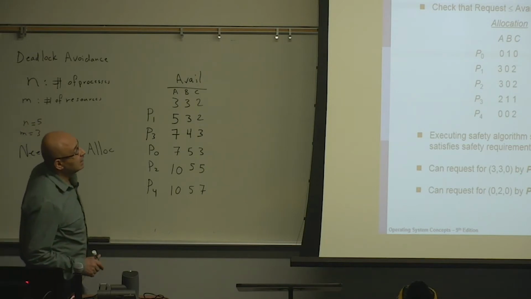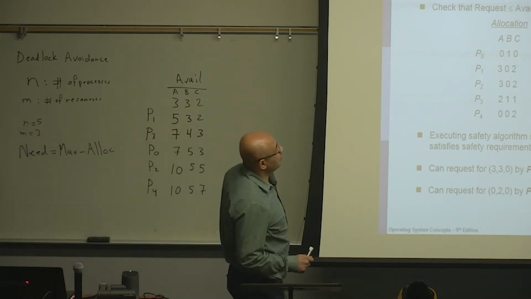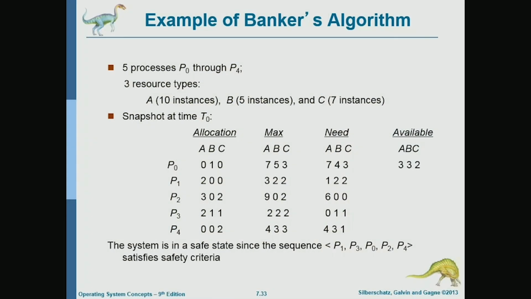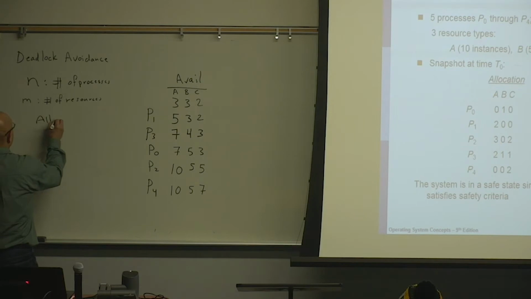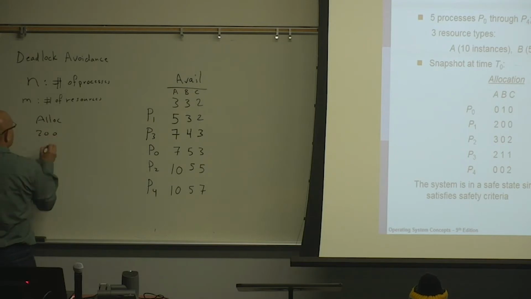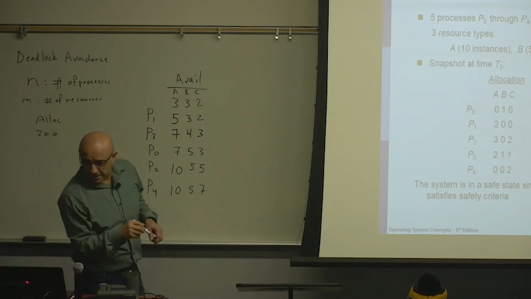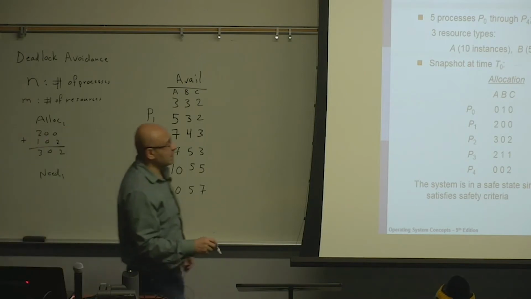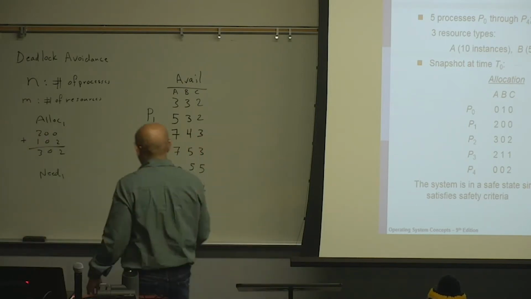So in this case, 102 means that P1 will get 102. What's the original allocation of P1? The original allocation of P1 is 200. So we add to it 102. That gives us 302. Now the need. The current needs of process 1 are 122.